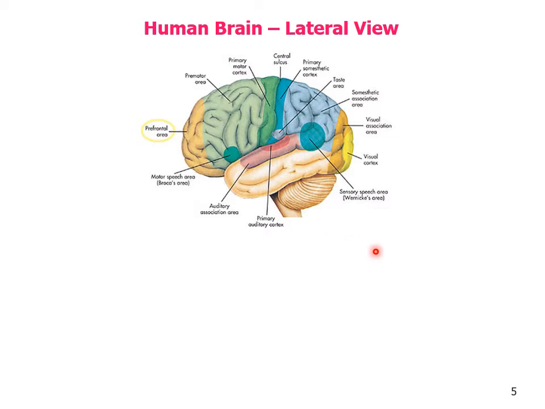For example, here is the visual cortex. This area is responsible for human vision. The input for this visual cortex is through the eyes. So whatever the inputs are, those are sensed by the visual cortex and then processed further through the brain.